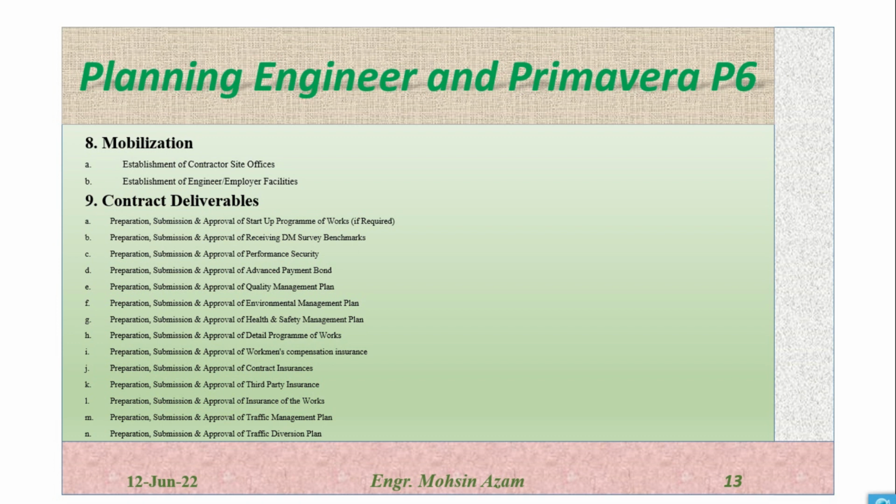This we have to submit within 28 days of the kick-off meeting. And workman compensation insurance, contract insurance, third party insurance, insurance of the work, and traffic management plan and traffic diversion plan.